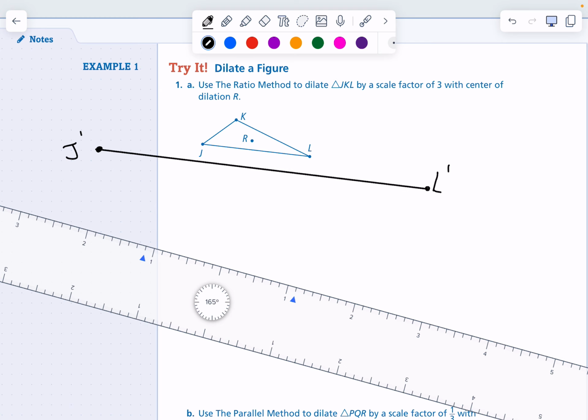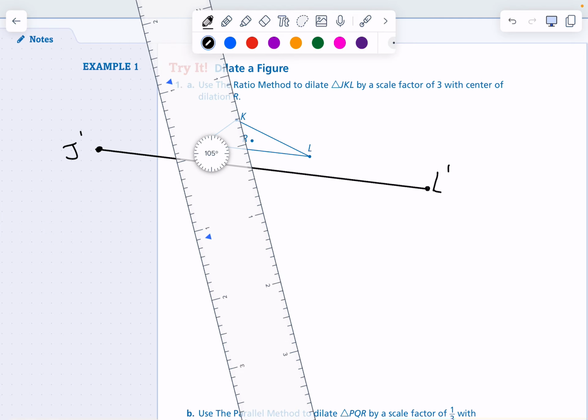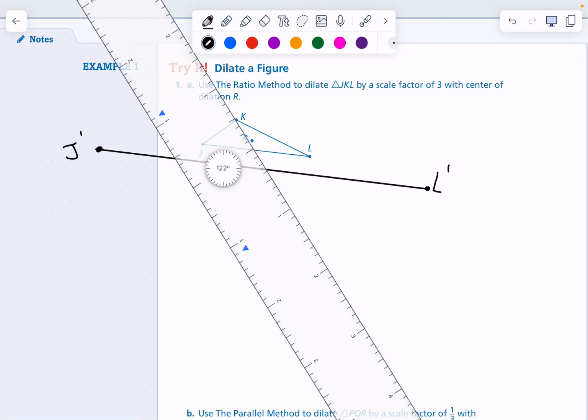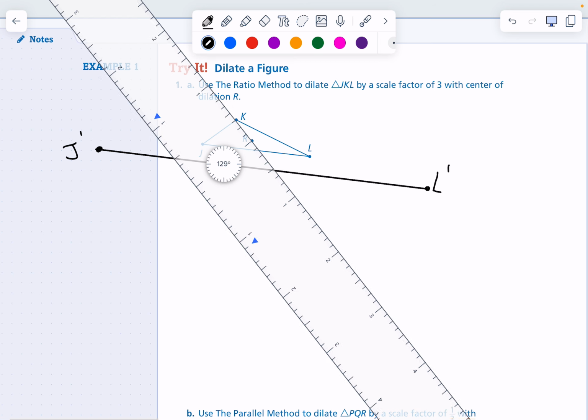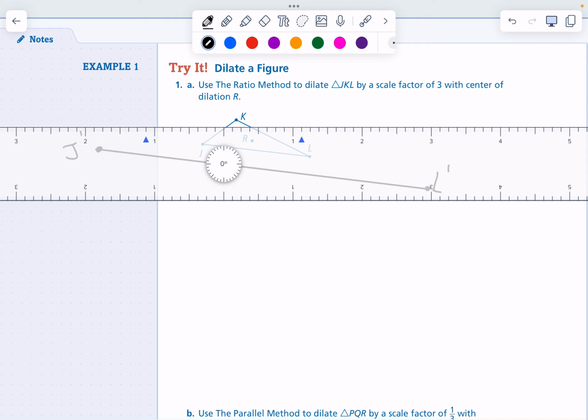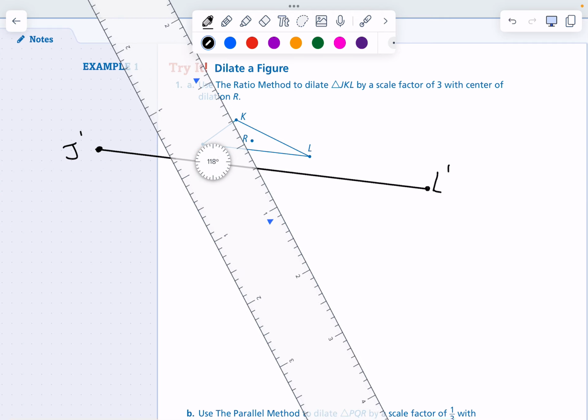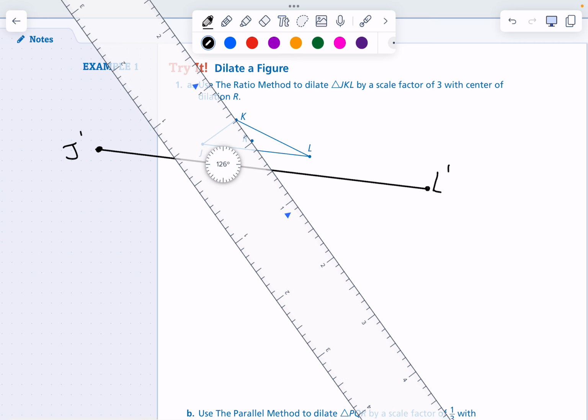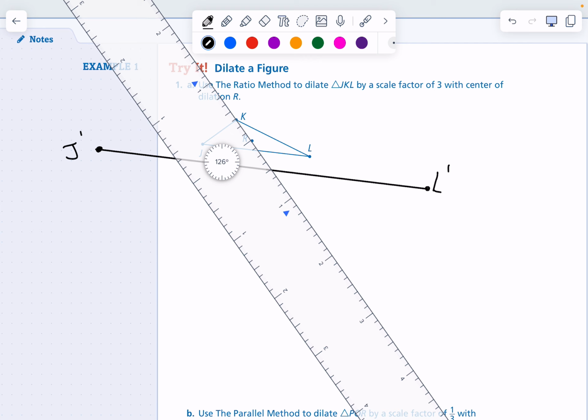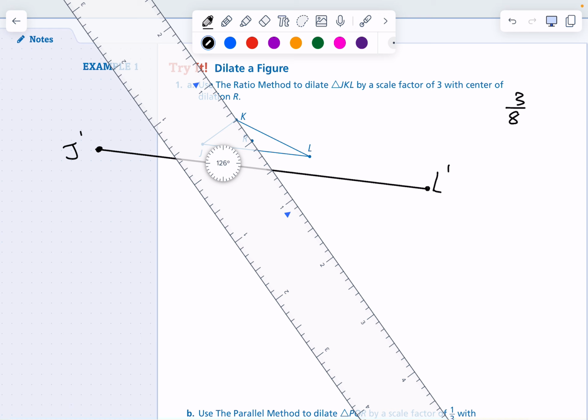Okay, then we're going to do the same thing with R to K. My ruler is showing me I'm on the inches side, and it looks like it's 3/8 of an inch. So if it's 3/8 of an inch, and we need to triple it, how many eighths is that? 9/8.